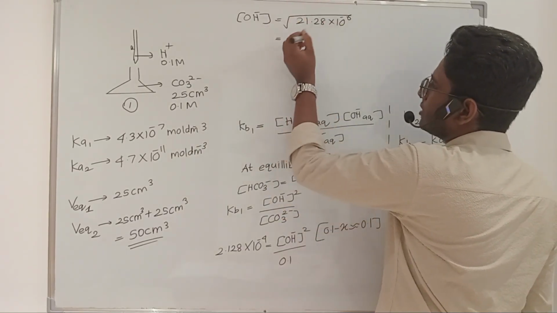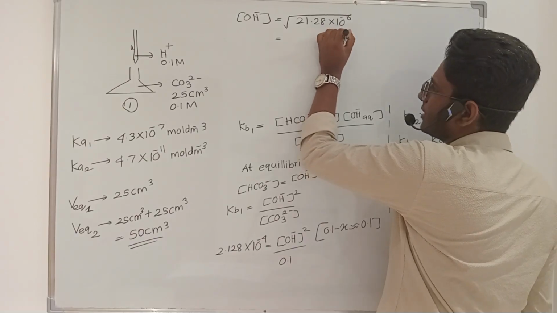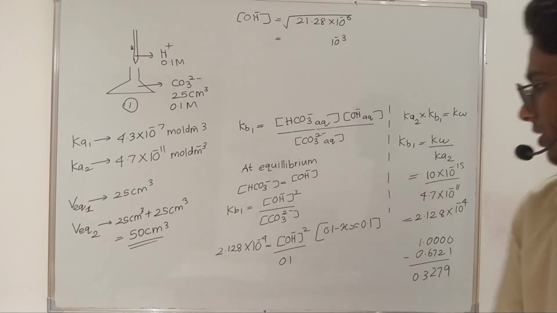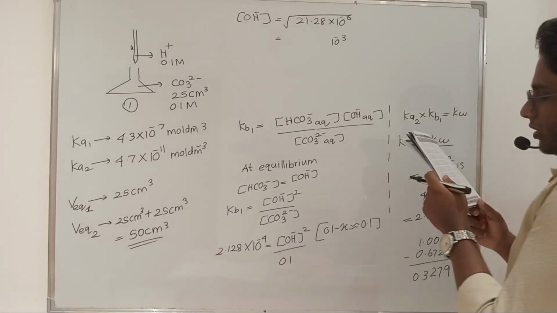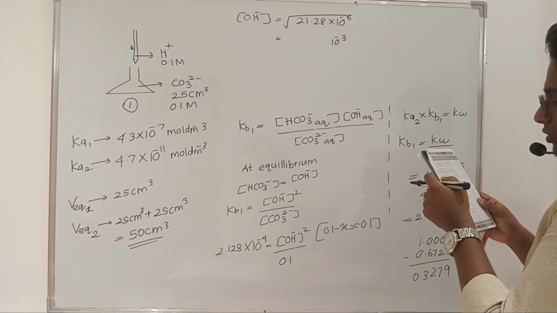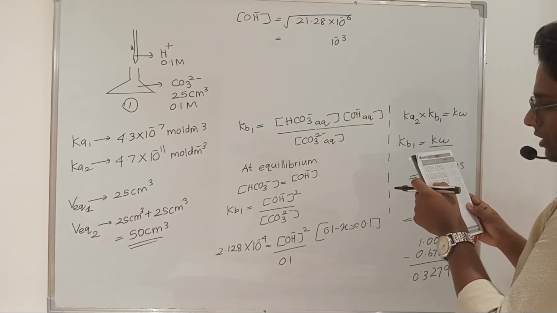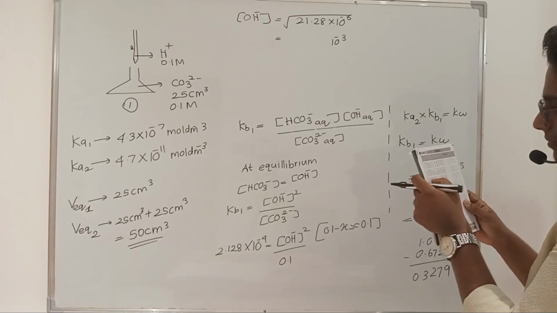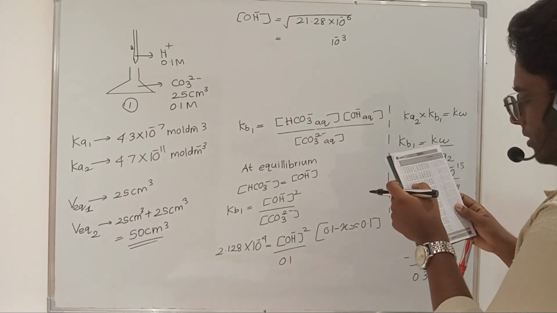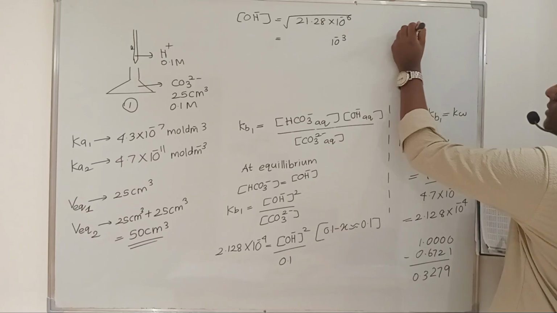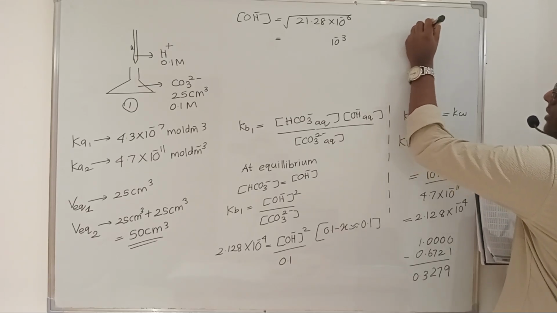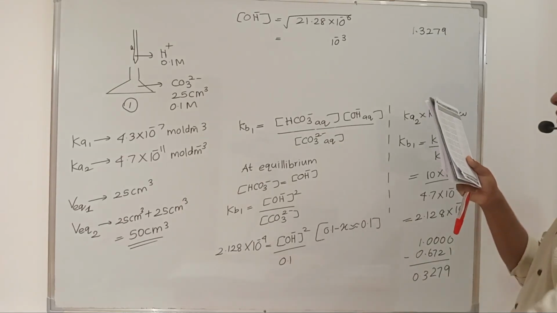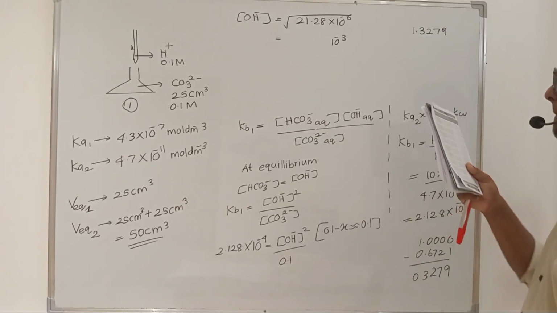The root value of 10 to the power minus 6 is 10 to the power minus 3, and I have to find the root value of 21.28 using log tables. The log value of 21.28 is 1.3279, right?